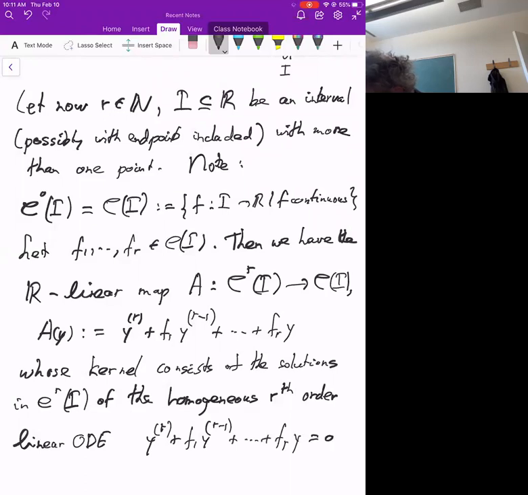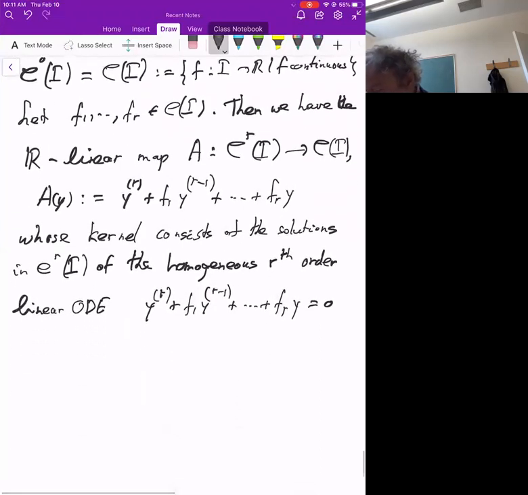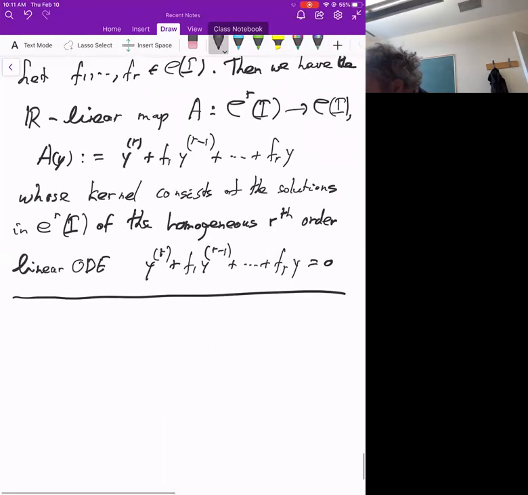Y is 0. Right. Okay, now actually this kernel has exactly dimension R, and that will be important. I'm going to state this, and the next statement will also consider the corresponding inhomogeneous linear differential equation.